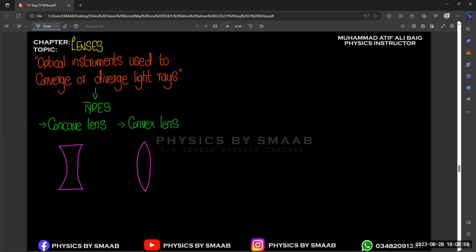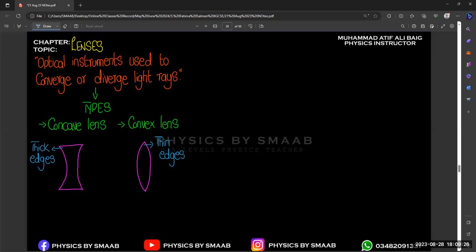So thin at the edges, thick at the center, right? So we can say that the lens having thick edges is known as concave lens, and the lens having thin edges is known as convex lens, right?